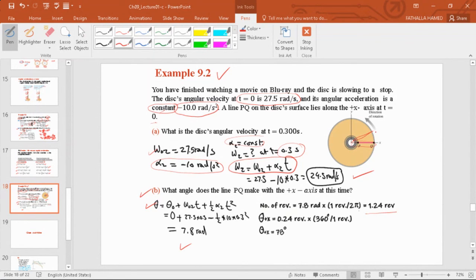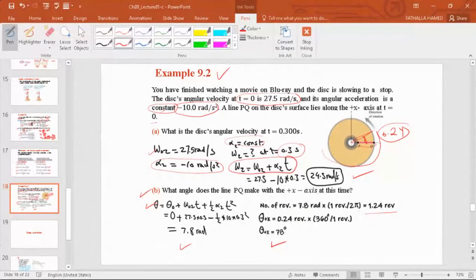So this line here has gone one full revolution and then 0.24 of a revolution. And this is the angle now that you want to find relative to the positive x-axis. So you multiply 0.24 revolution by 360 degrees per revolution, and it gives you 78 degrees. So now it makes an angle of 78 degrees.